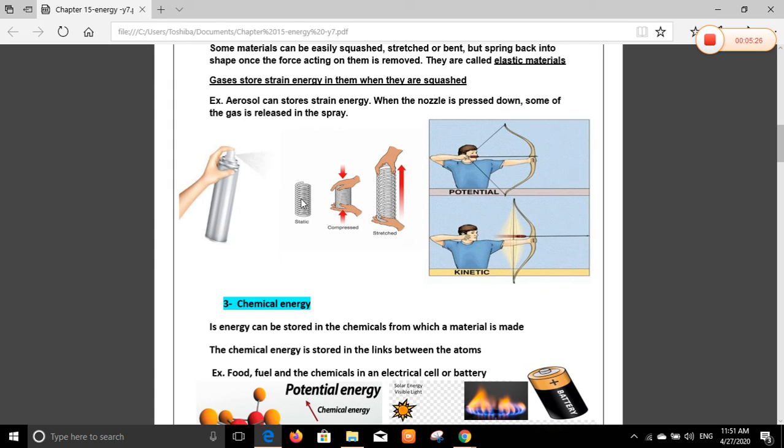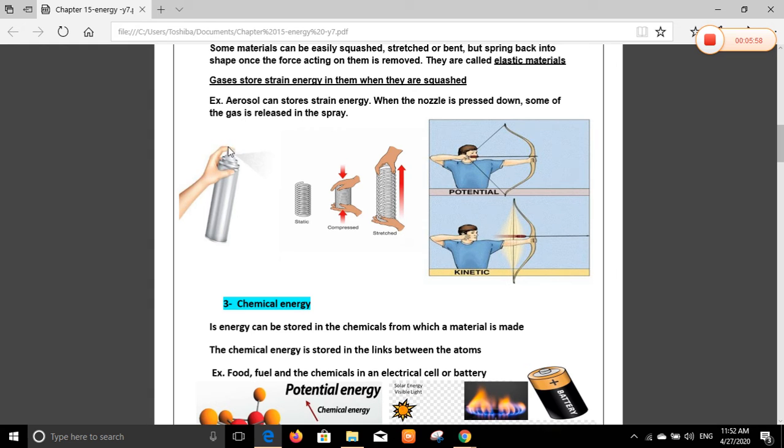Another example: gases store strain energy in this bottle. Gases store strain energy when they are squashed. A few presses on the top of the bottle release a spray. So this is strain energy.